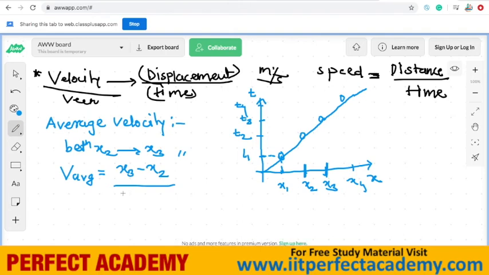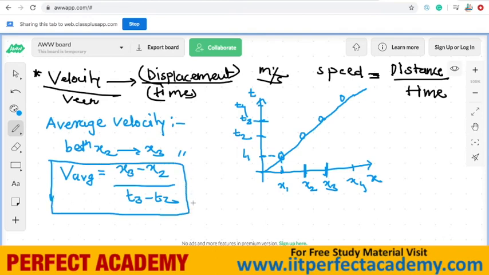Now what is the total time taken by the particle? It is definitely t3 minus t2. This is the average velocity. So x3 minus x2 divided by t3 minus t2.